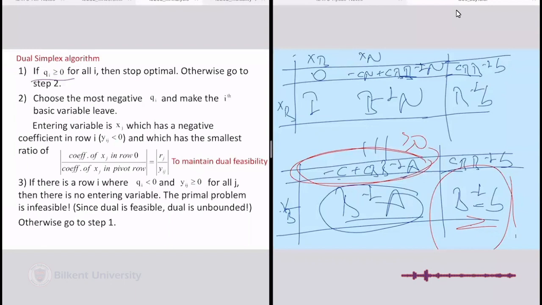This time, again, we pick the most negative QI, in the hope that we reach the optimal in fewer iterations. That variable will be our leaving variable. It's already in the basis, but it has a negative value there, and I don't want that. So we determine the leaving variable first, and based on it, we determine the entering variable.